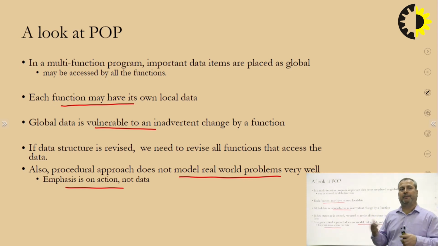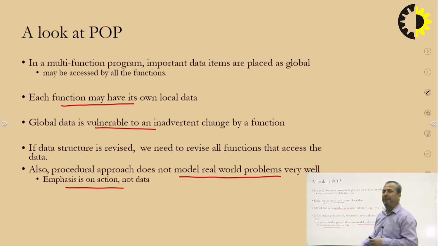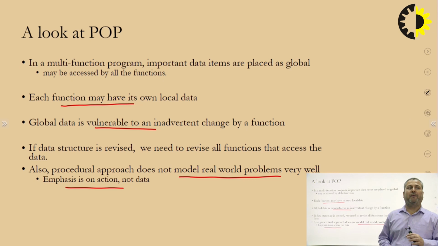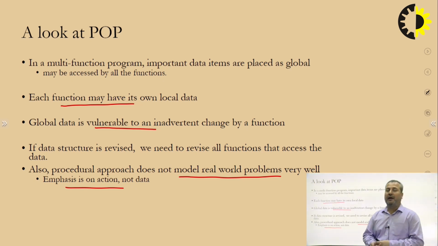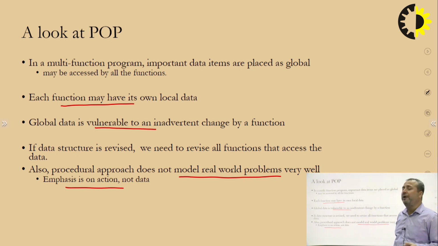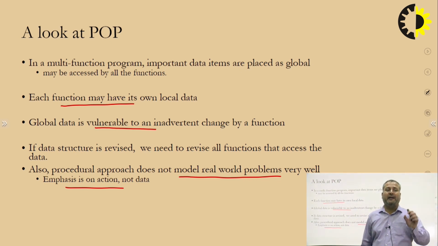This has been overcome by object oriented programming, where data is hidden, data is kept more hidden, right? But in procedure oriented programming, data is not hidden, data is vulnerable.